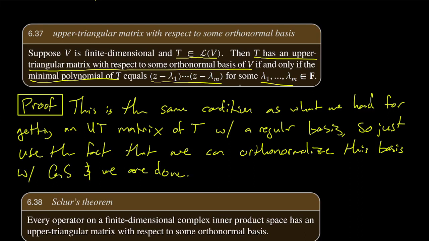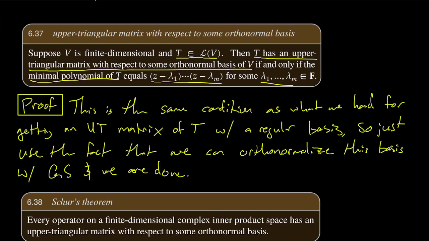That is, this was the same result we had before. We said, hey, T has an upper triangular matrix with respect to some basis of V if and only if the minimal polynomial of T is of this form. But all we have to do is take that basis and orthonormalize it. Bam! Now we still got an upper triangular matrix.